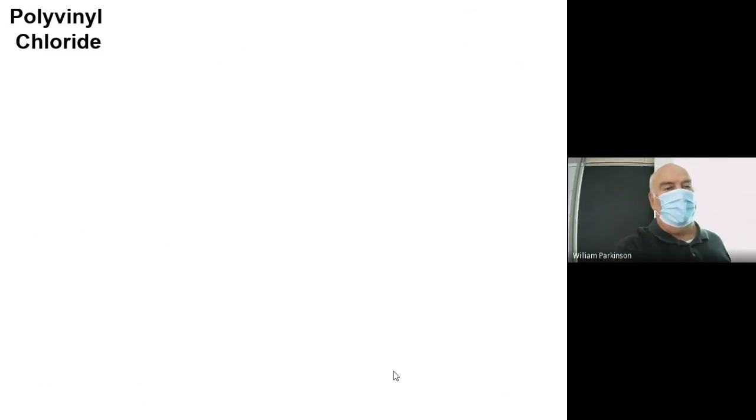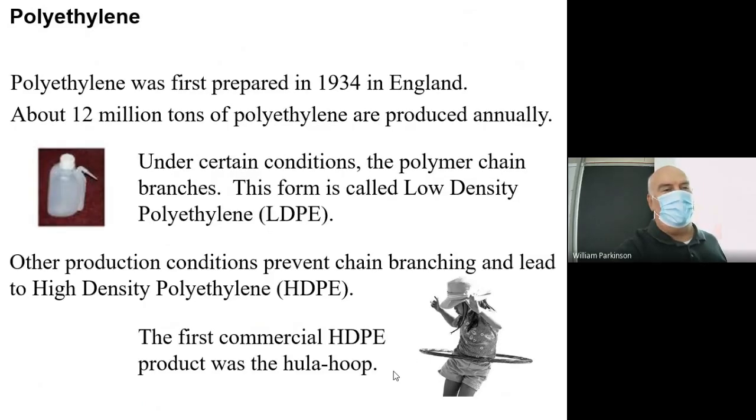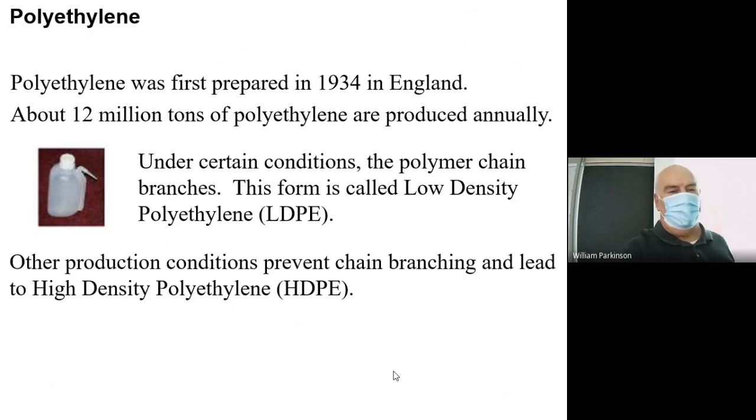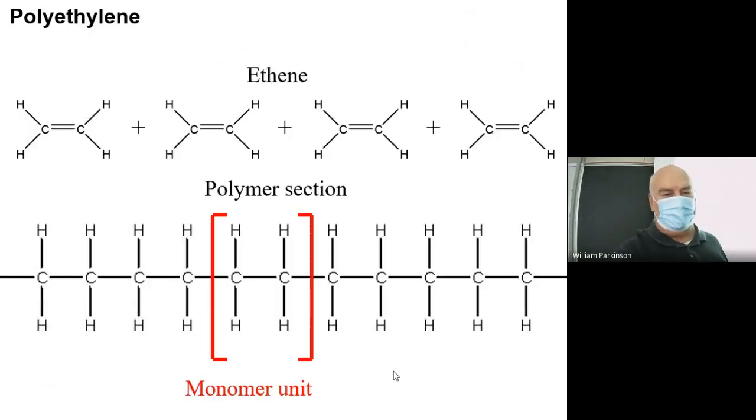Okay, so let's now go to another form of polymer. Before I do that, I'm going to back up here, and I want you to note that this would be the simplest polymer we could make from ethene, because it's pure ethene, C2H4 units. Well, what happens if we functionalize the ethene?